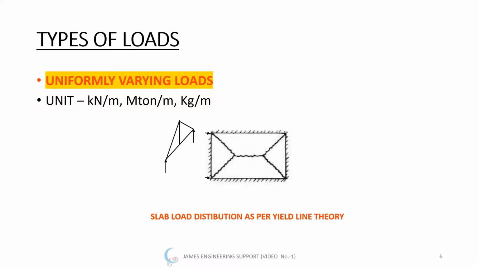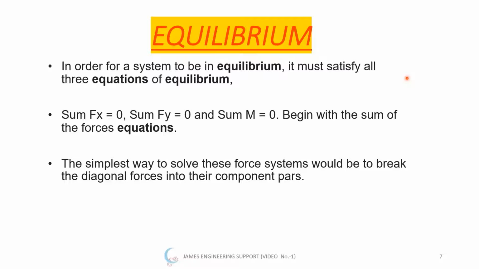You can see for the longer edge it fails in this trapezoidal shape, and in the shorter direction it is failing in triangular shape. This triangular shape I have considered here, and I have provided two supports here. This is where you can get the triangular force, or you can call it uniformly varying load. So these are the regular forces that will be there in your academics.